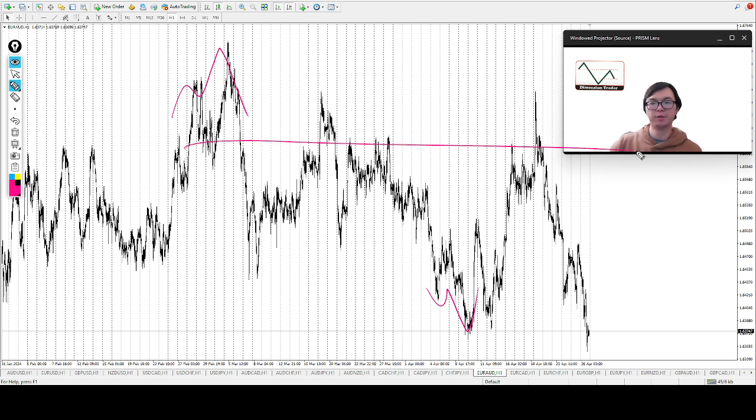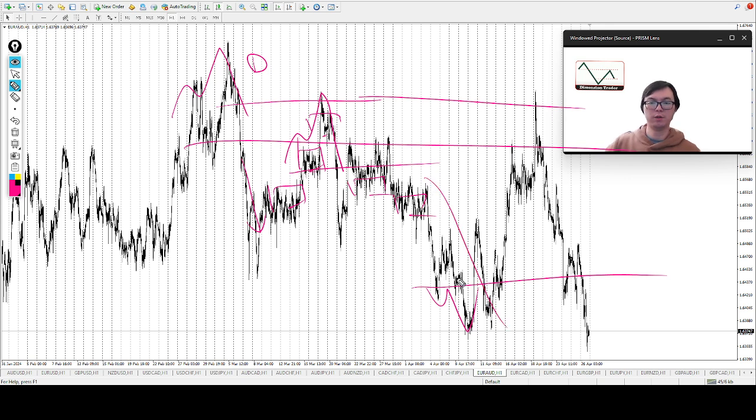If you see the big picture, pricing on the dimension 1 breaking down, retesting with its dimension 2, then create another top breaking down, dimension 2, and we hit the bottom, pricing breaking up, retesting the support, going back to the dimension 4 area, and drop to the dimension 5.